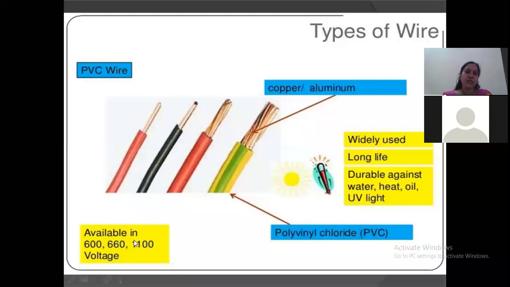These are available in the 600, 660, 1100 voltage specifications. Widely used, longer life, durable against water, heat, oil, UV light also. We call them polyvinyl chloride wires. These are the mostly used wires in our household wirings.